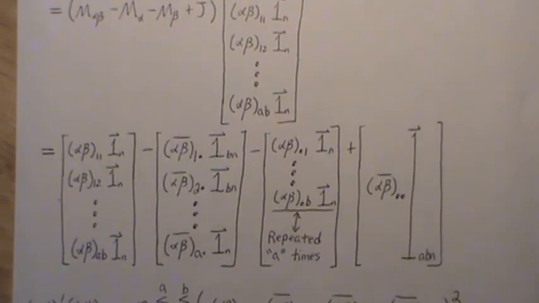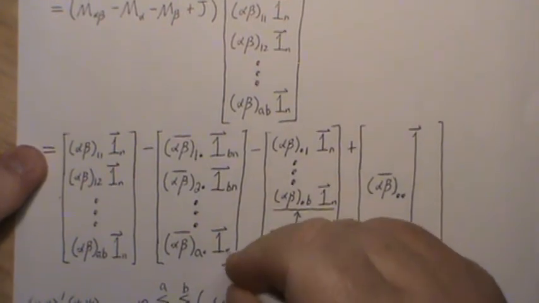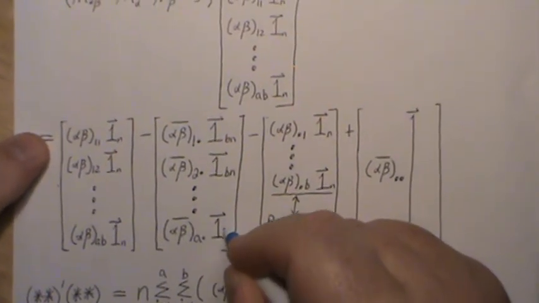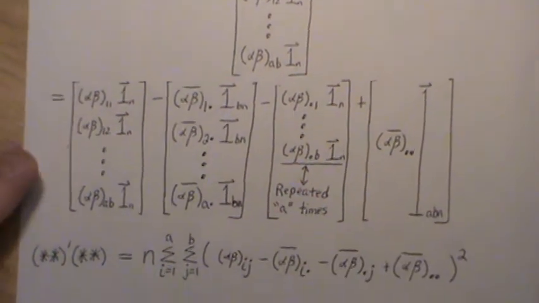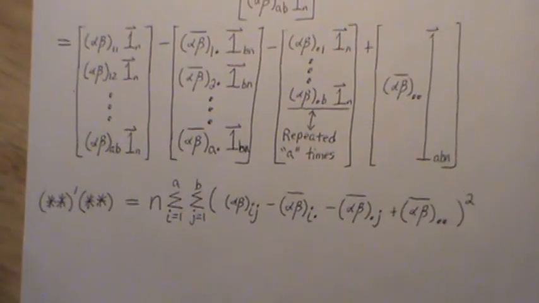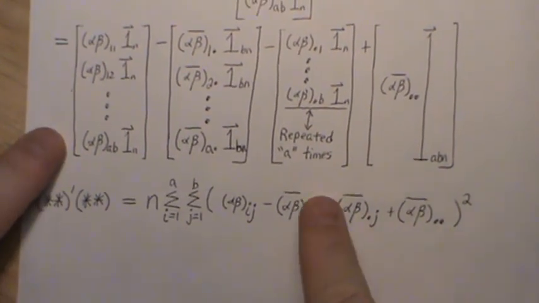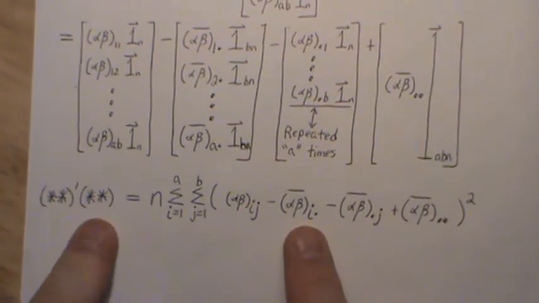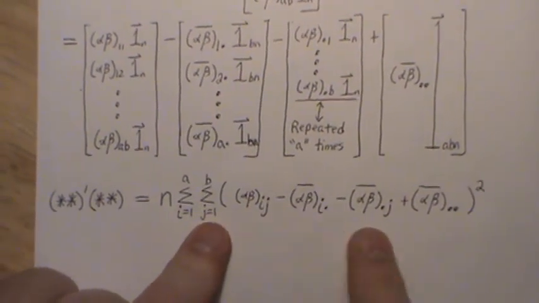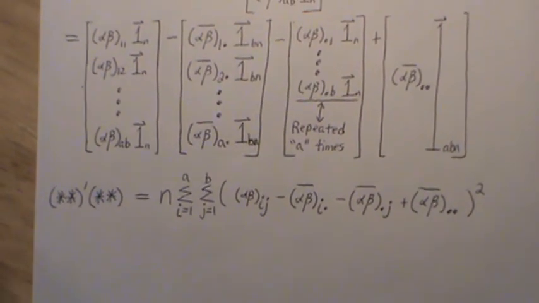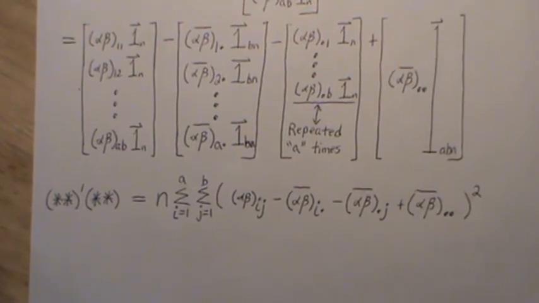And then m beta projects it onto the x alpha beta space. And then this vector multiplied by itself creates this sum formula in scalar form.